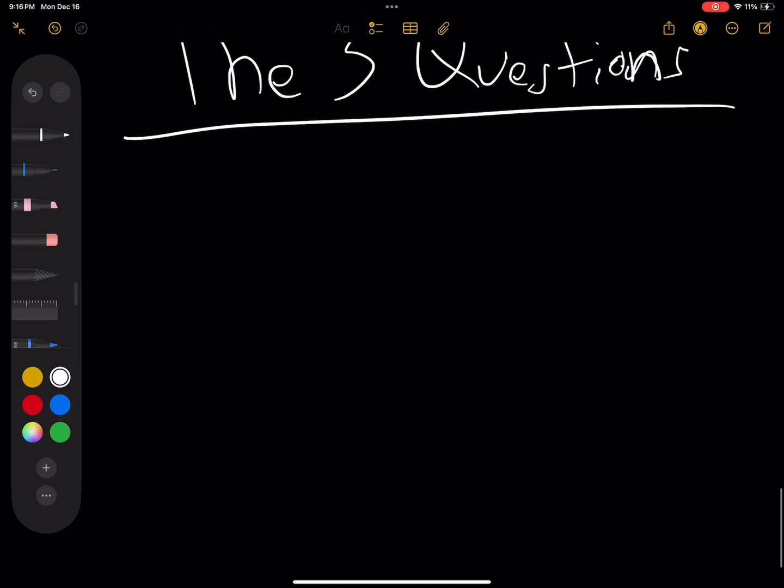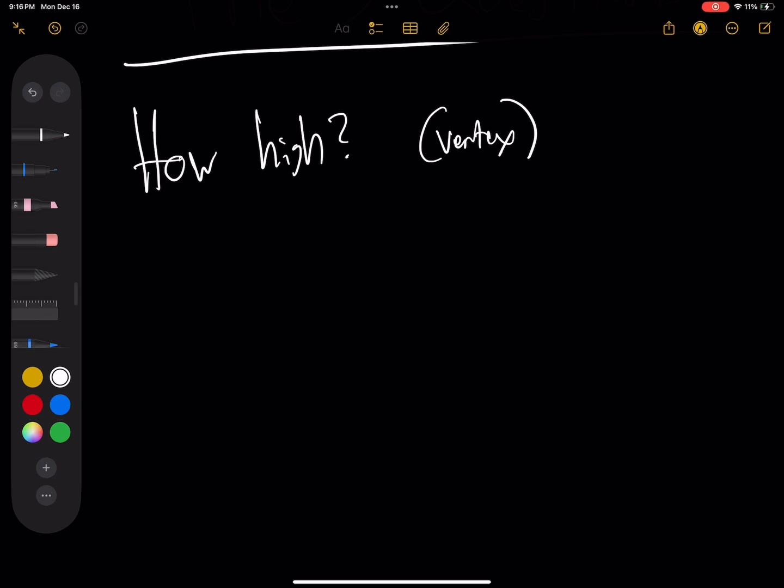So, one of the questions IB or AP is going to be asking is how high does it reach, which essentially you're just going to be looking for the vertex.